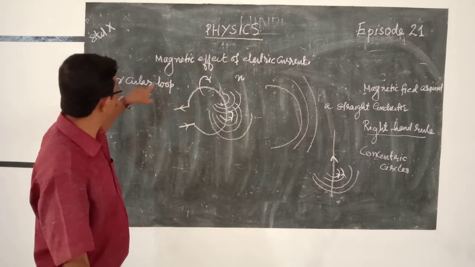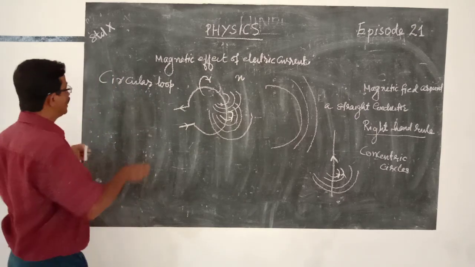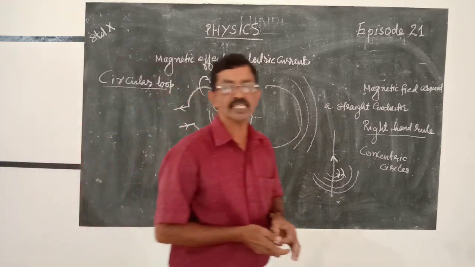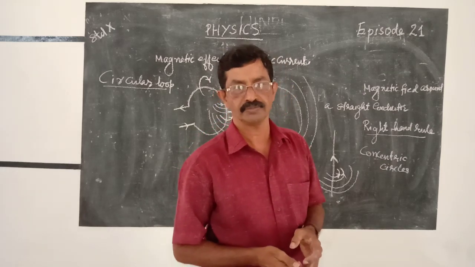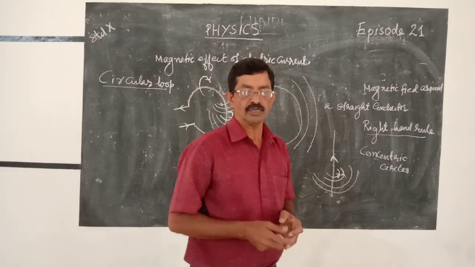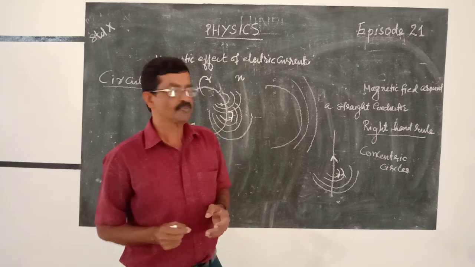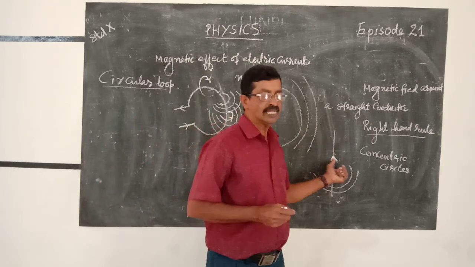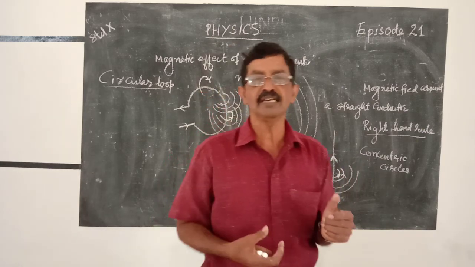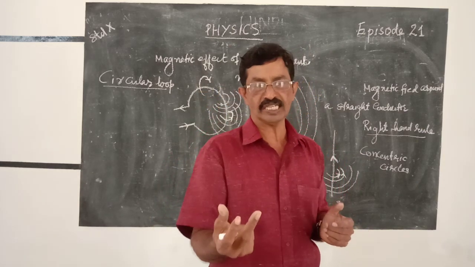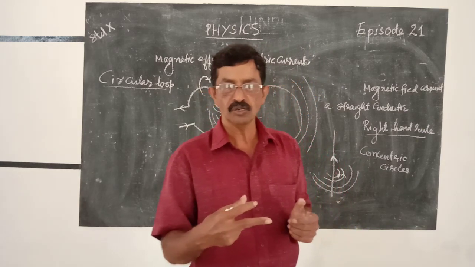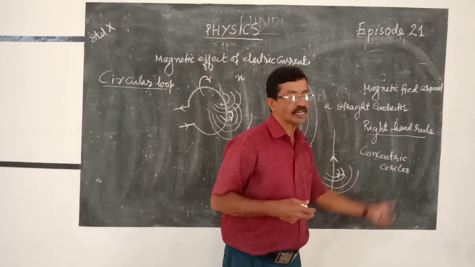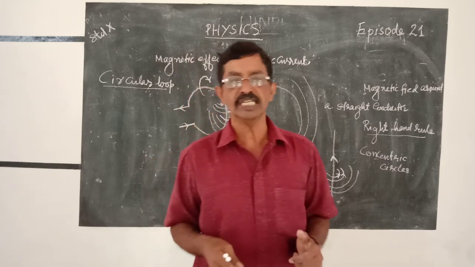Here once more, what is the nature of magnetic field produced by a circular loop? What are the things you want to remember? One thing is that magnetic field strength is inversely proportional to the distance. So what happened to the nature of the concentric circles?